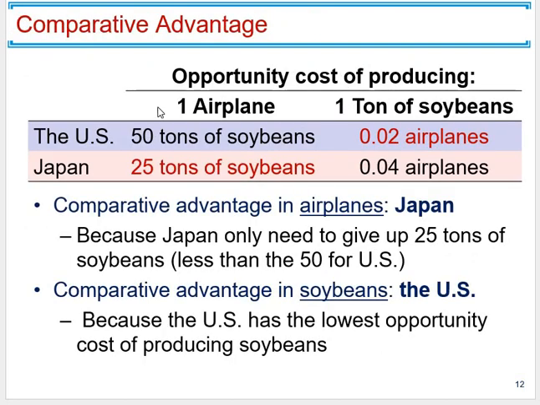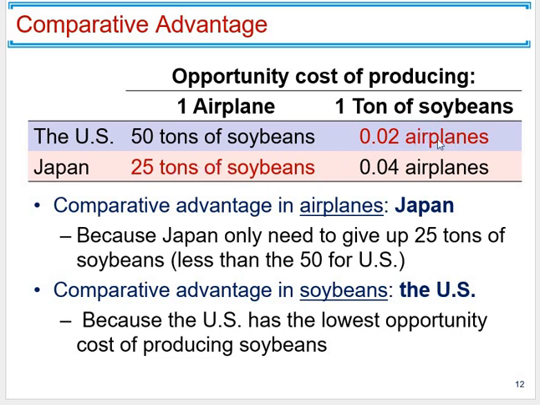That is, in this case, in the airplane industry, Japan faces a lower opportunity cost to produce one airplane compared to the US. So following the principle of comparative advantage, Japan should focus on airplane production.